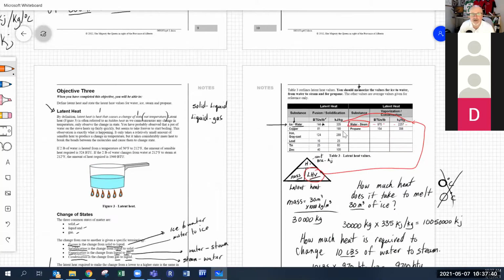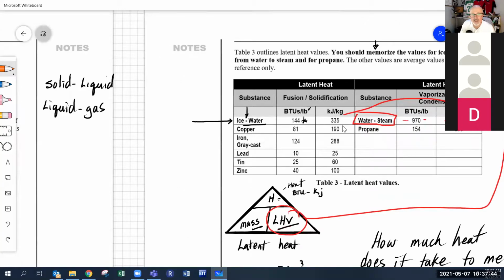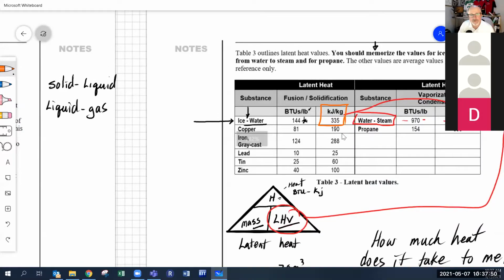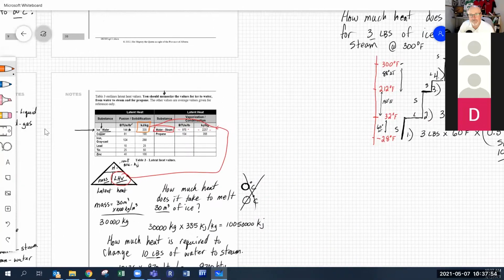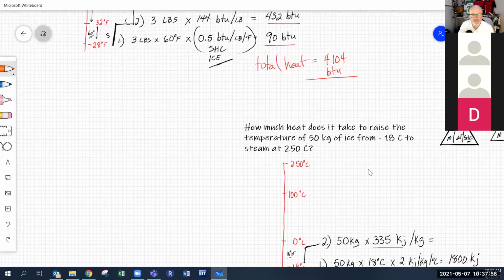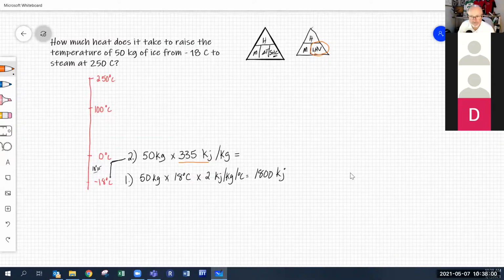Right here. And you can see it is 335 kilojoules per kilogram. So that's where I get that number from. Does that answer your question?